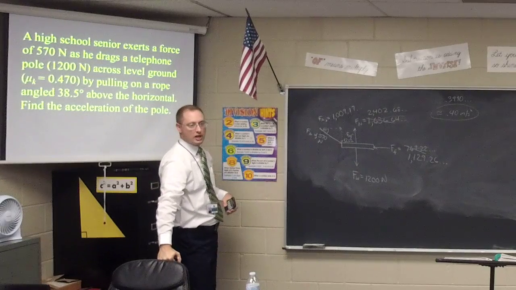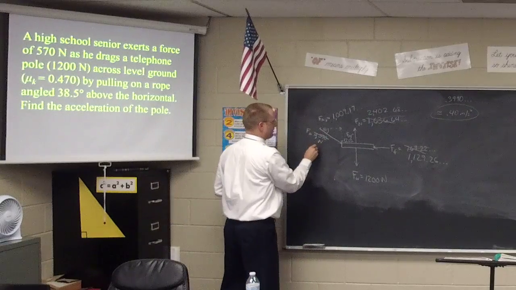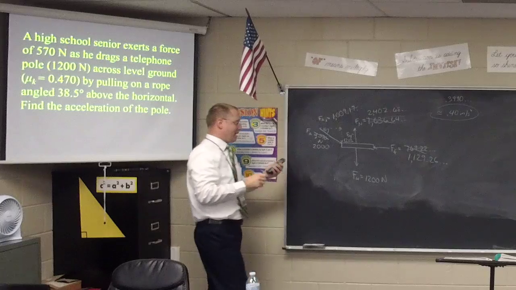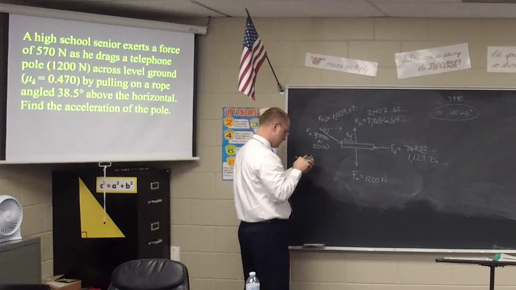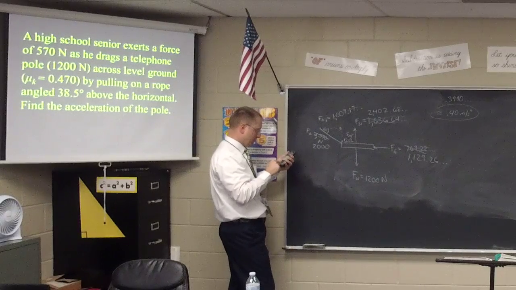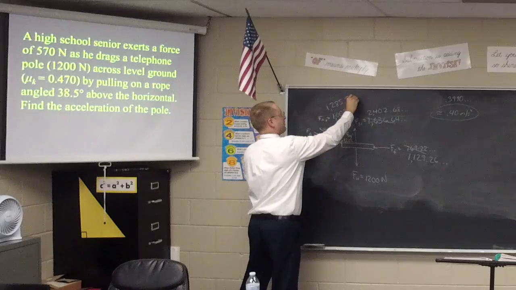Well, let's try another number, Michael. 2,000. Go to 2,000. An even 2,000 newtons. All right, now how much of that's in the X? 1,285. I hate sine instead of cosine, my bad. He's up to 1285.5. Okay?